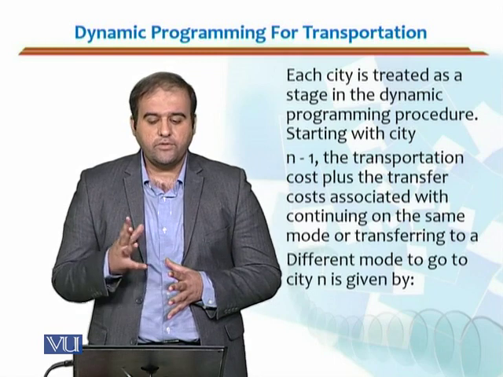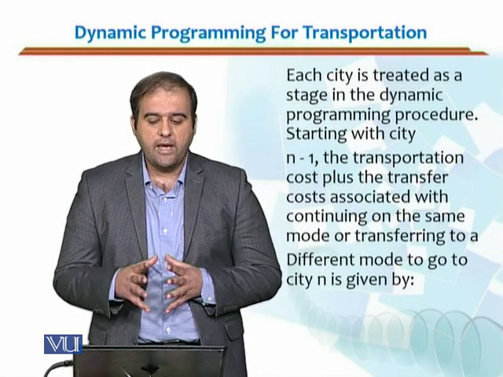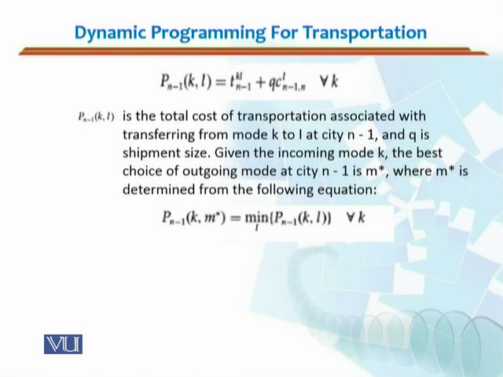associated with continuing on the same mode or transferring it to different modes to go to the city N, and it would be given by this recursive function where Pn-1 would be of for any value of k and l. K and l would represent the city from and to, and l will represent the city to which you are taking your shipment, would be equal to TKLN-1.